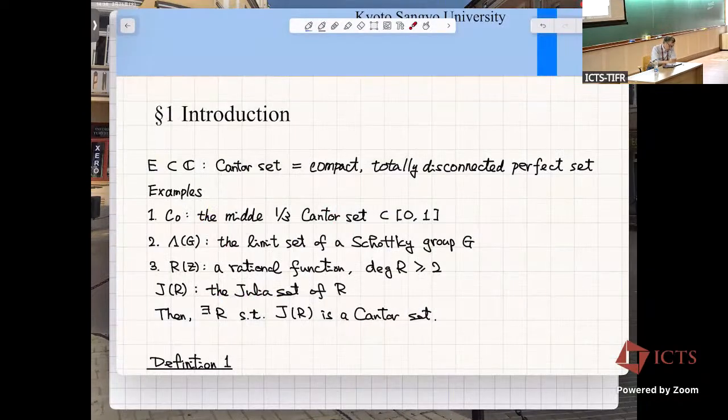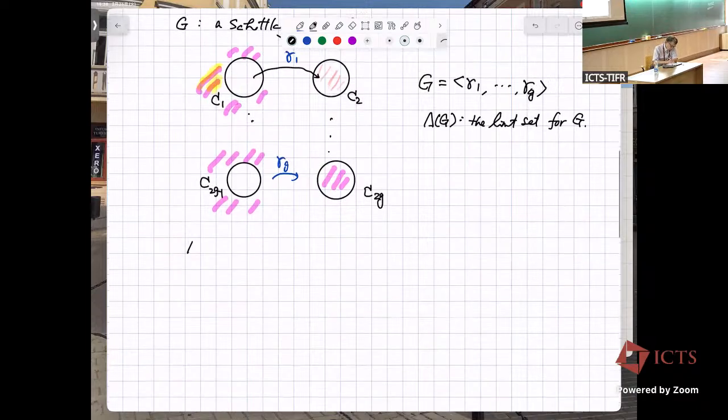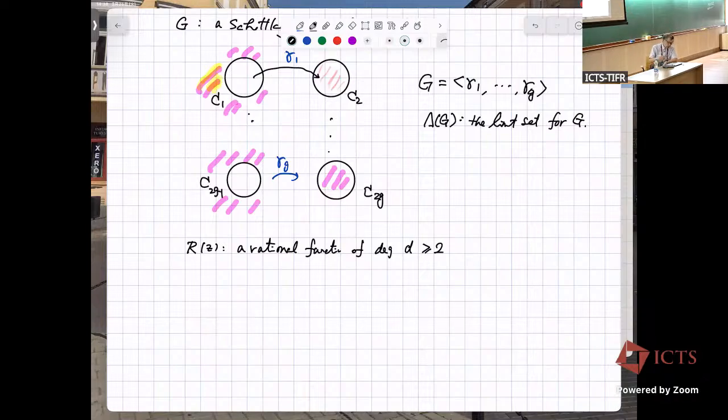The third example is the Julia set of a rational function. It comes from complex dynamics. Consider a rational function R(z) of degree d greater than or equal to 2, and consider the iterations, denoted R^n(z), the n-th iteration of R. Look at the behavior of the iterations.